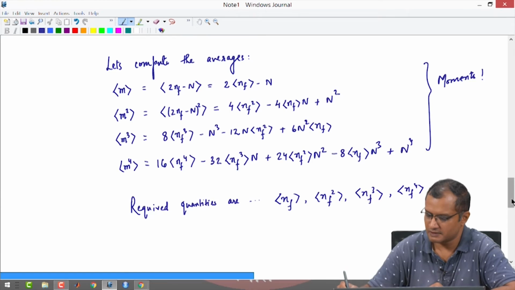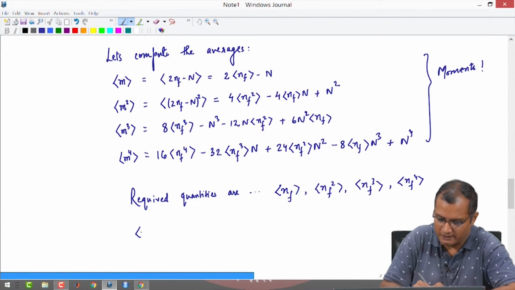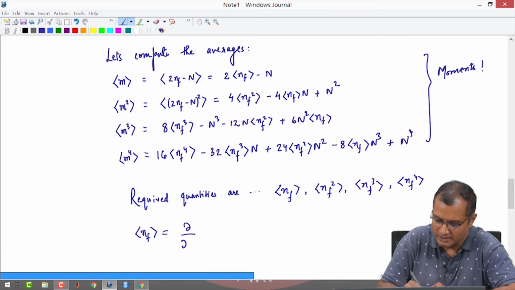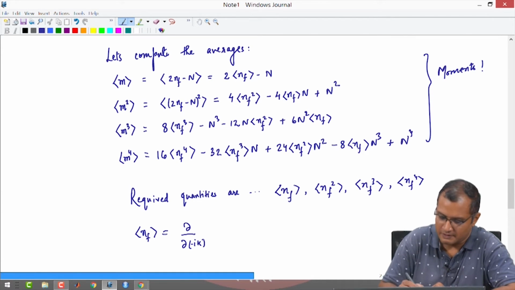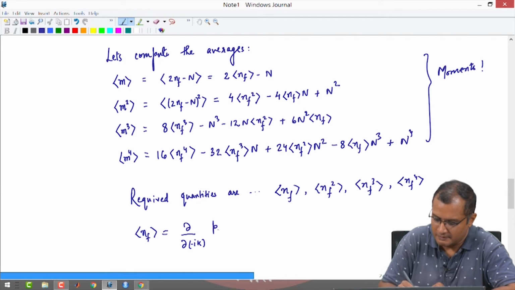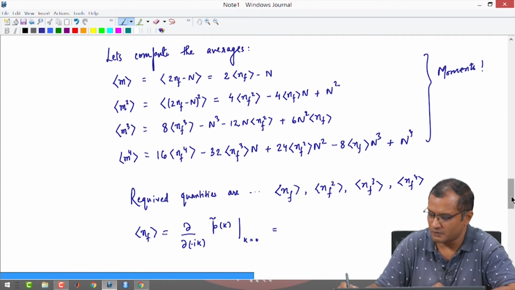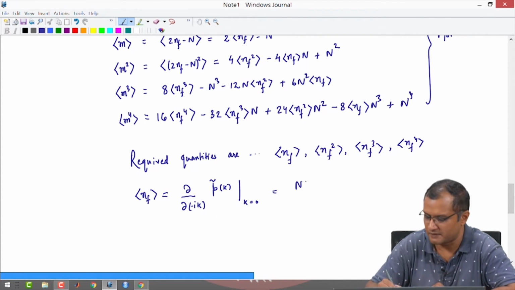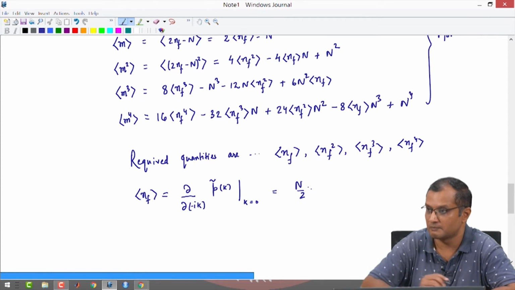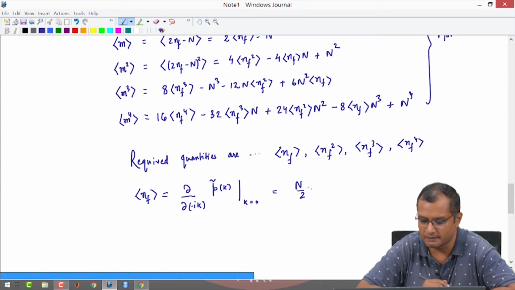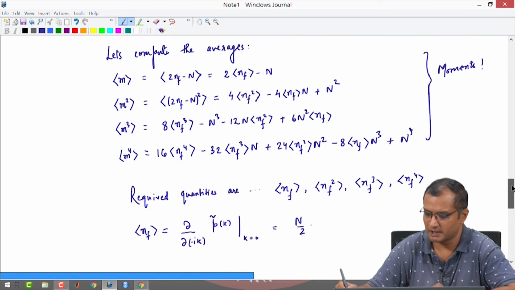So, let us compute the moments of small nf, which as you already know is n times p of a, which is n by 2. Okay, this we have already computed, but if you want you can compute again from this expression.